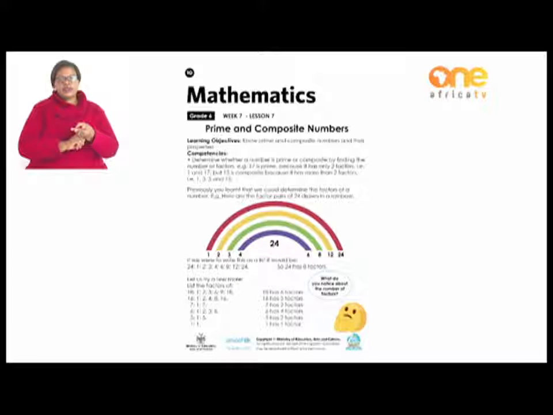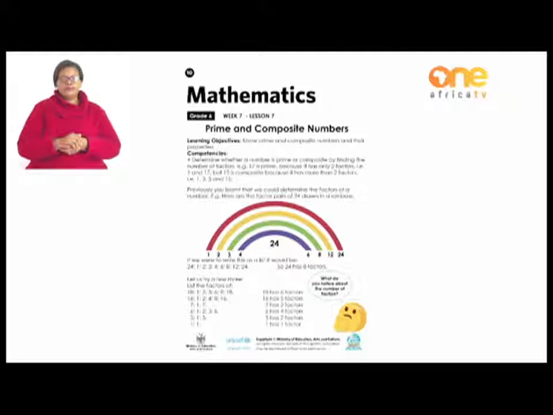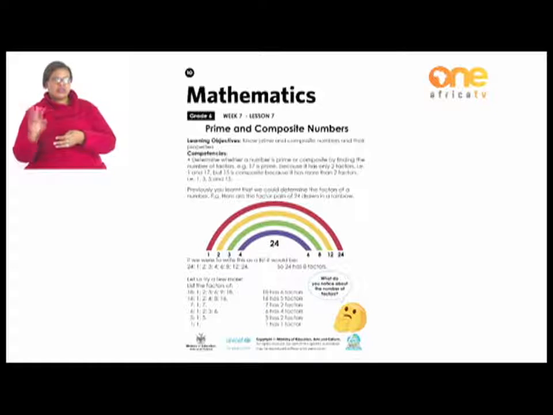And then we have 7, and 7 only has 1 and itself, in other words 1 and 7, so it only has 2 factors. And then we have 6, which has factors of 1, 2, 3, and 6, a total of 4 factors.